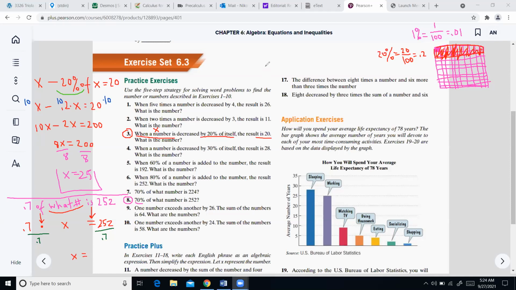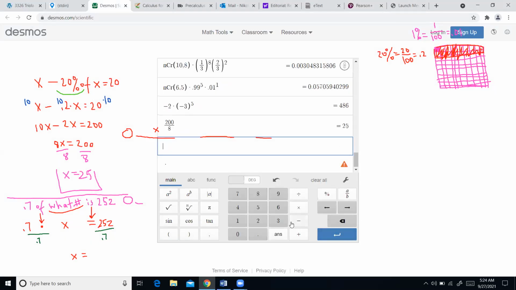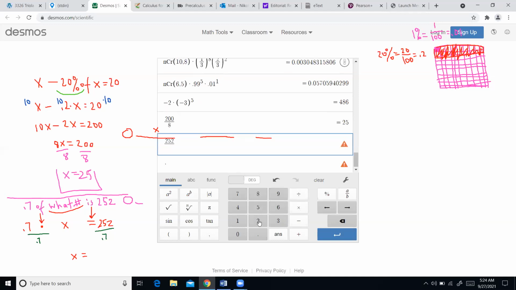And again, for that matter, I will use a calculator, of course. So I'll get the number 252 divided by 0.7, just like that. And here's my answer, 360. So once again, we're following the standard path.